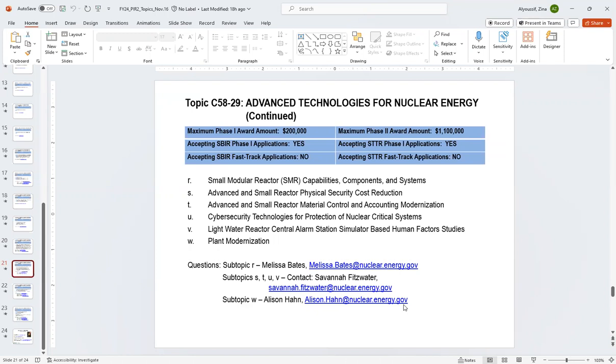Subtopic U, cybersecurity technologies for protection of nuclear critical systems. Here, applications of interest will develop technologies and tools that will enable nuclear energy system designers, operators, and researchers to characterize cybersecurity of INC components and systems specific to the nuclear energy sector and identify and mitigate cybersecurity vulnerabilities in such components and systems.